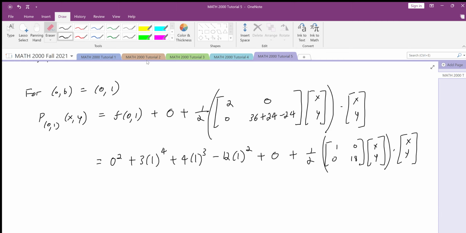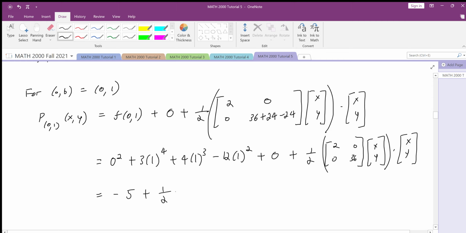Sorry, I tried skipping a step. It should be 2 and 36. I went a little too fast for my own good. Okay, so we simplify this part, and I think you just get a minus 5, because it's 7 minus 12.